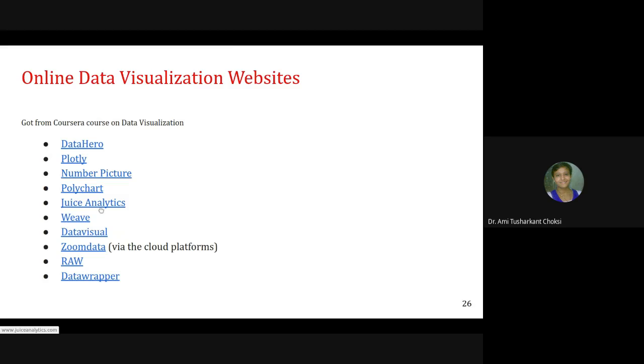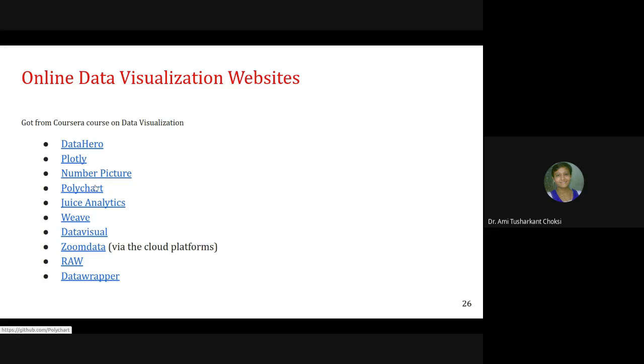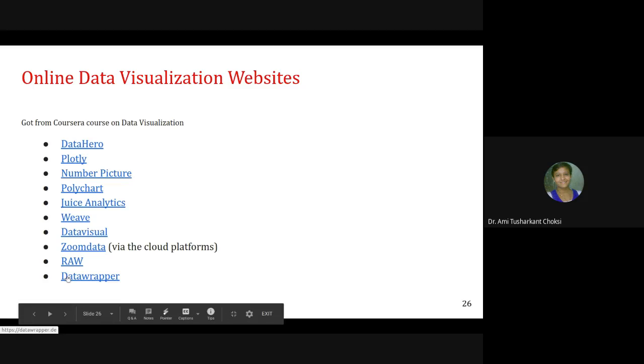Polychart, Juice Analytics, Wave, Data Visual, Zoom Data, Row, Data Wrapper. You can say, ma'am, for a few you have said the websites, but after that you haven't. See, the links are there. You can put your mouse on them and get the websites. Fine.